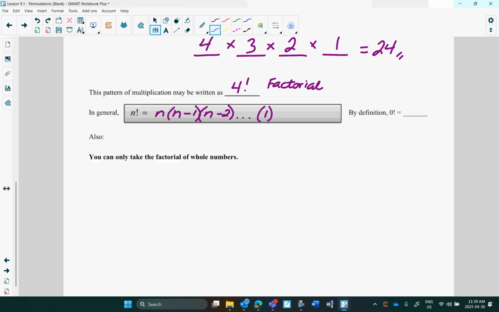So 8 factorial means 8 times 7 times 6 times 5, 4, 3, 2, 1. Okay? I'm not going to explain this in the interest of time, but 0 factorial is always 1.